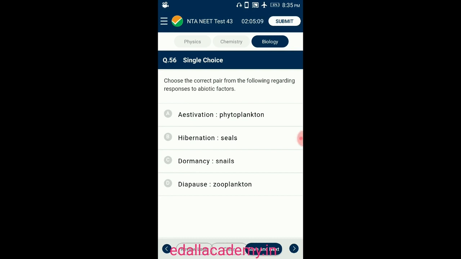The familiar case of bears going into hibernation during winter is an example of escape in time. Some snails and fish go into aestivation to avoid summer-related problems, heat and desiccation. Under unfavorable conditions, many zooplankton species in lakes and ponds are known to enter diapause, a stage of suspended development. So the answer for this question is option D, diapause zooplankton.